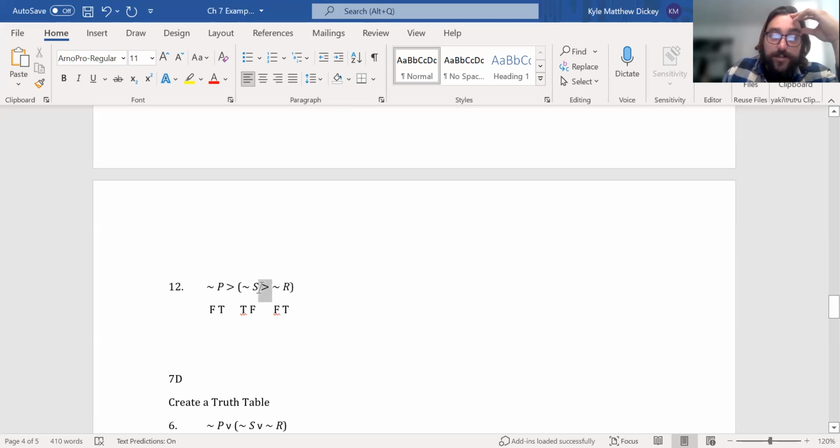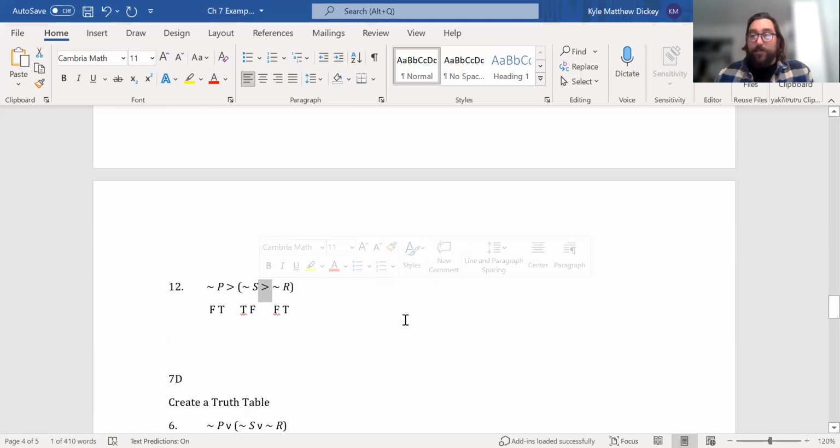And what's the truth function for the conditional, for the arrow? Well, if you remember, the conditional statement is true just in case the antecedent, the first part, is false, or the consequent, the second part, is true.